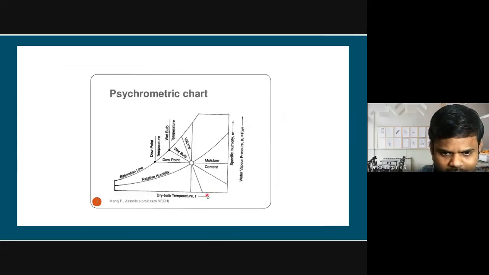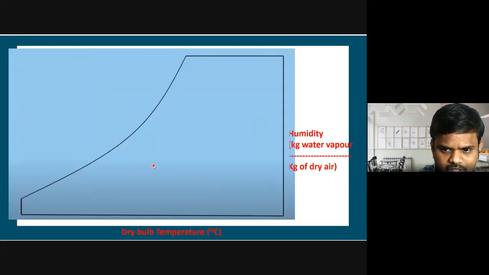Typically we have many parameters like dry bulb temperature, relative humidity line, wet bulb temperature, specific volume, dew point temperature, absolute humidity, saturation humidity, saturation line, and water vapor pressure. All this can be used in a psychrometric chart.